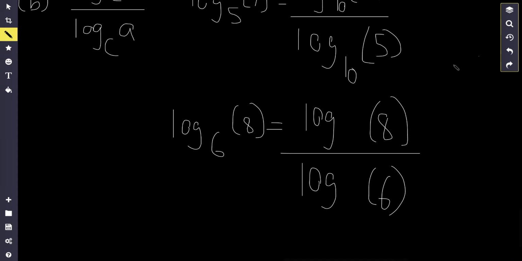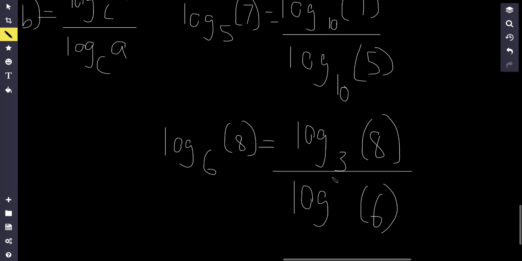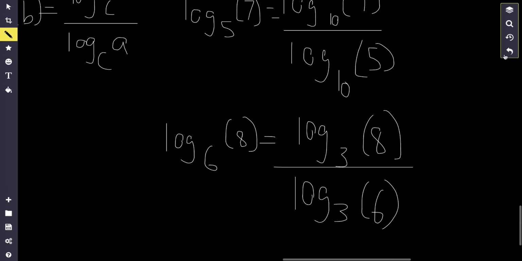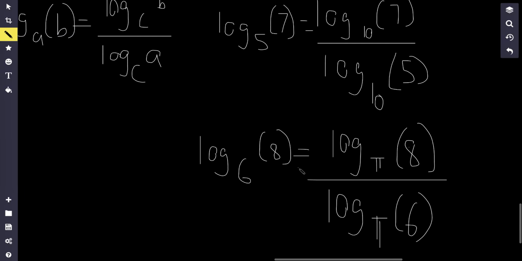And you can use any base you want. So log base 6 of 8 is equal to log base 2 of 8 divided by log base 2 of 6. You can do log base pi of 8 divided by log base pi of 6, and so on.